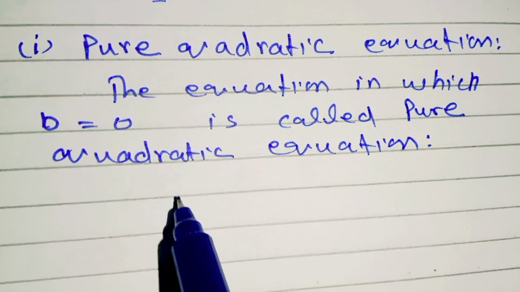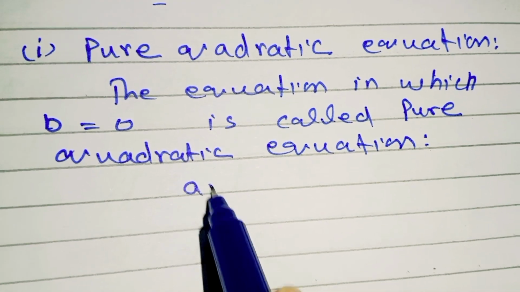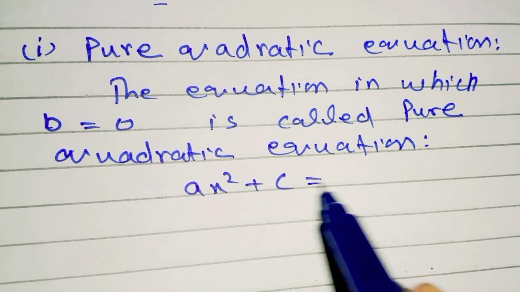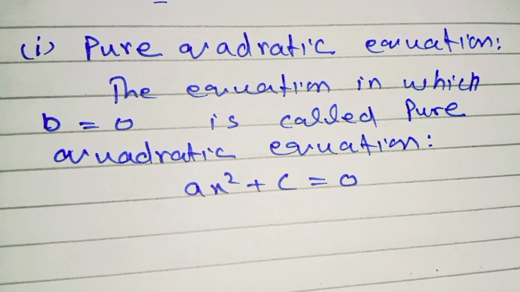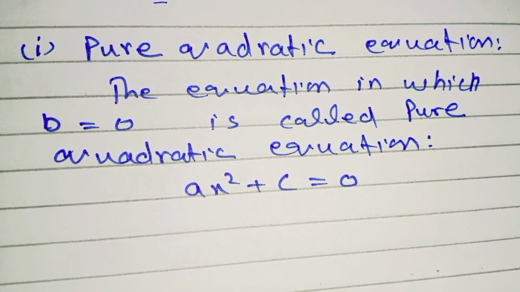Therefore, the pure quadratic equation has standard form ax square plus c is equal to 0. Here b is equal to 0. The x term does not occur in the expression of the quadratic equation. Then the quadratic equation is known as pure quadratic equation.